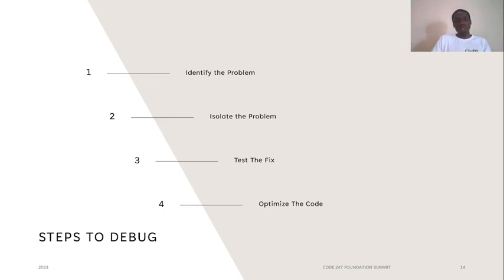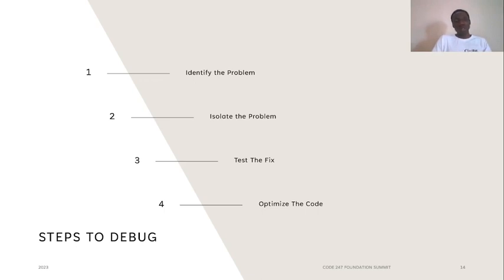That is why the first thing is to identify the problem. When you know the problem, then you can start thinking of how to get a solution. Once you get the problem, then you can ask the right question. You can give the right prompt, explain your problem, then you get a very close solution to your problem. And then the next thing is to test.